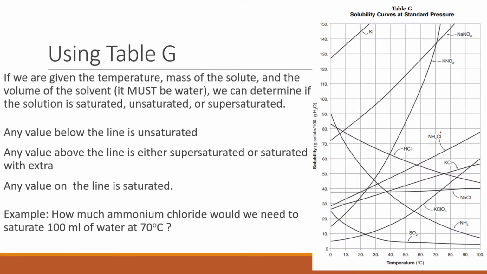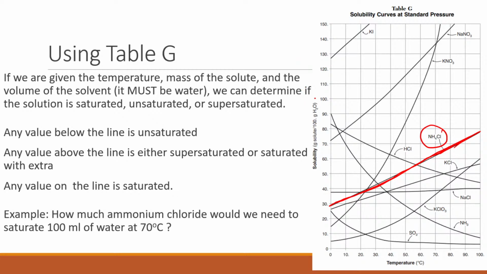All right, let's look at NH4Cl together. That is this line right here. Try to trace it as best as I can. Not bad. All right, that is the bold line for NH4Cl.